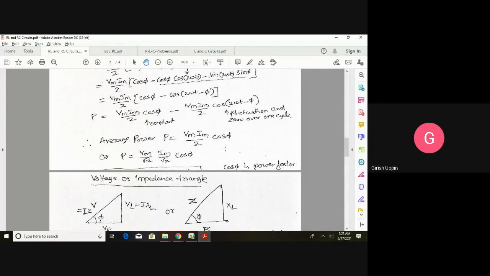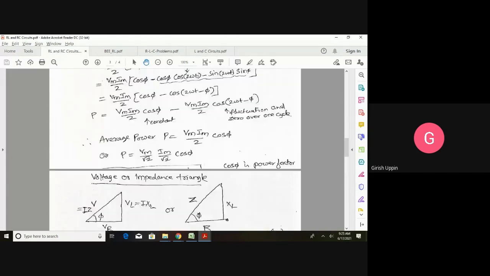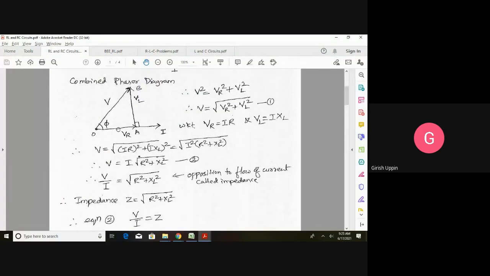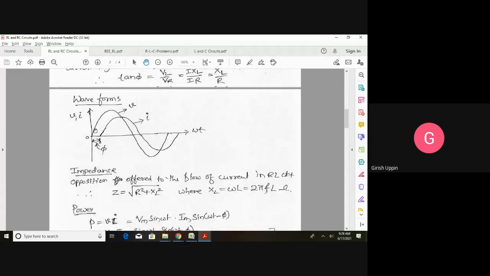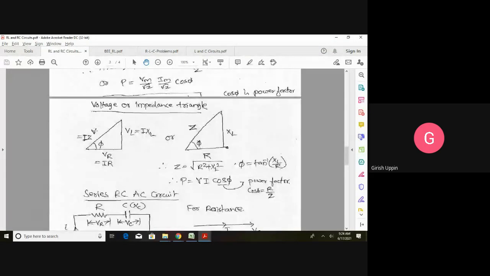So if we draw the impedance triangle, from the phasor diagram I have taken, this is VR, this is VL, and this is V. I have taken that diagram, and we just tweak it to get something called an impedance triangle.